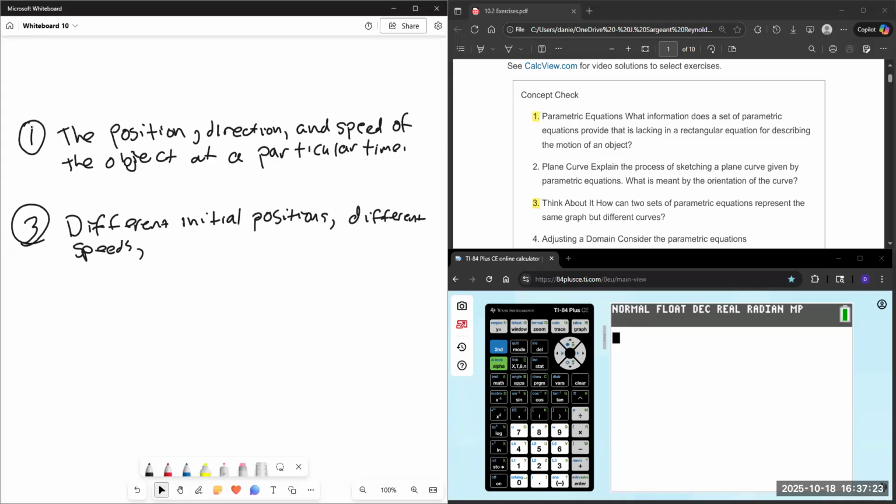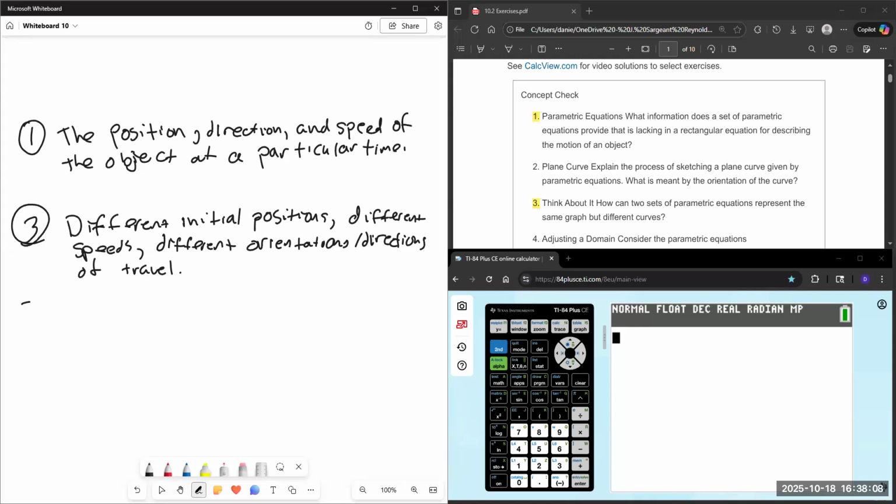We could be traveling the same path but in opposite directions. So we could be mapping out all the same points, but we could be doing it by starting at a different position or traveling at a different speed or traveling in a different direction, or all of those things all combined.